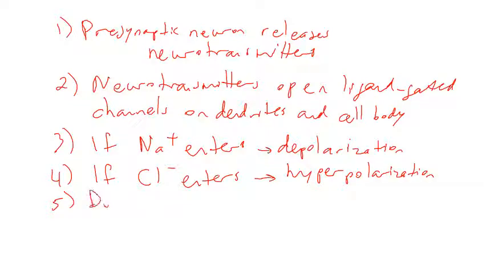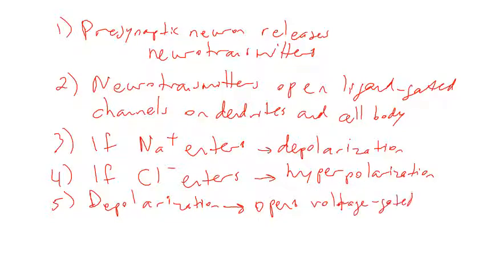Only if the inside becomes positive and the positivity is strong enough, that will then lead to an action potential. So the depolarization in the cell body and the dendrites then reaches the voltage-gated channels. This then opens voltage-gated channels, one after another.